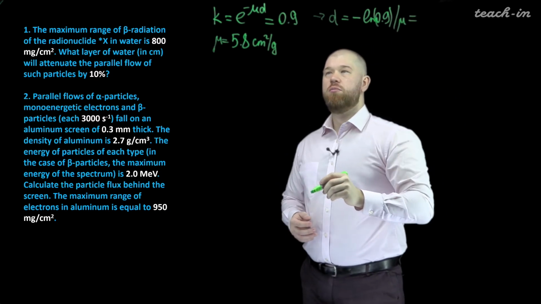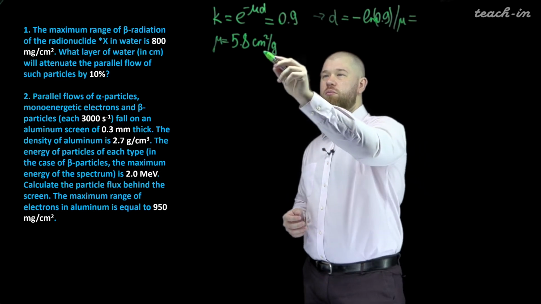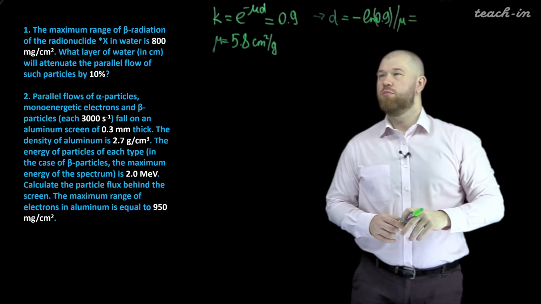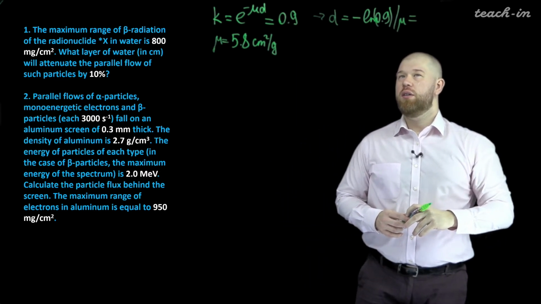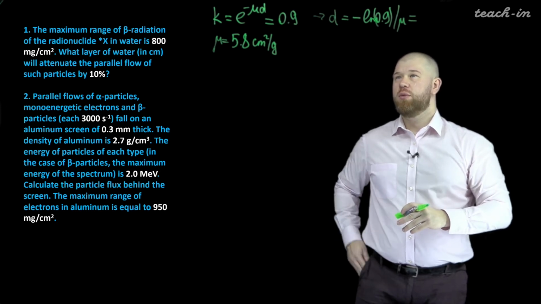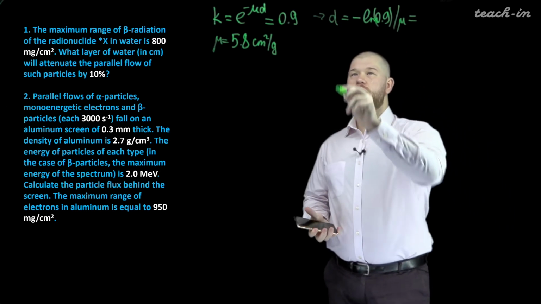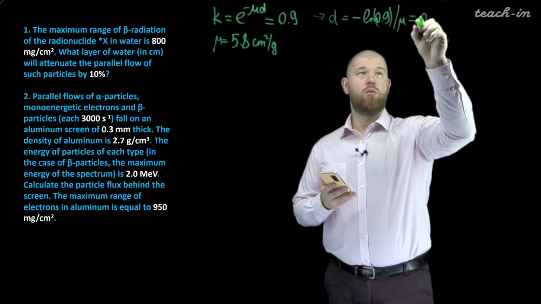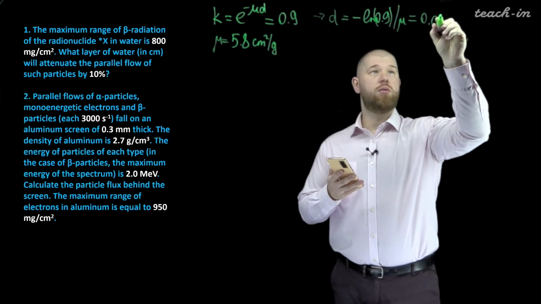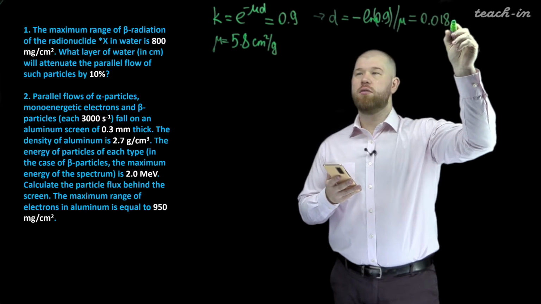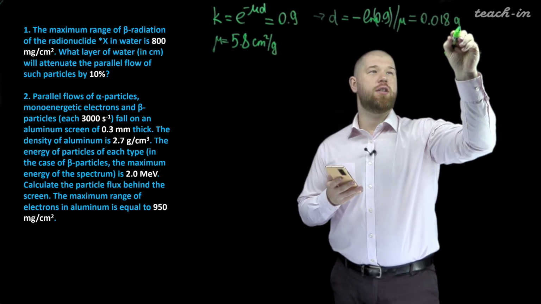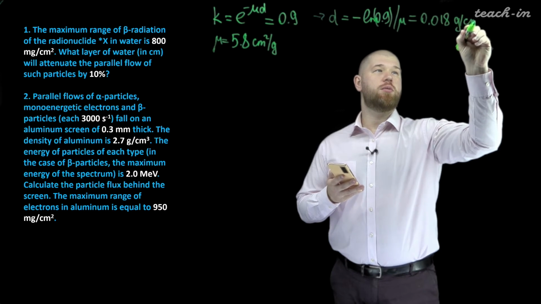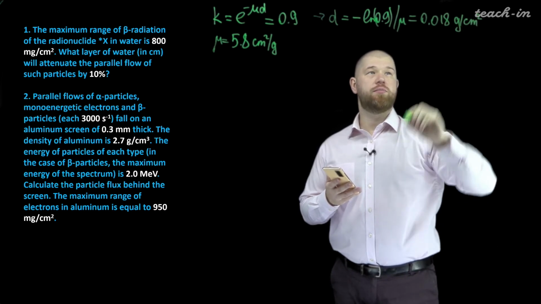So we know mu, and thus we will calculate the d value. It will be 0.18 gram per squared centimeter.